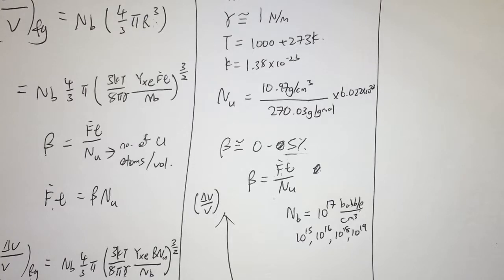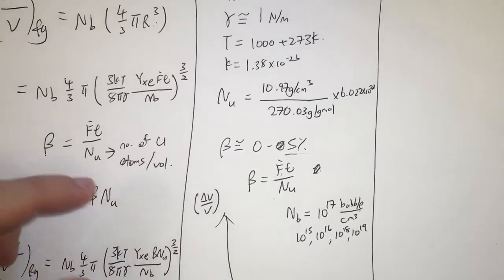So we plot all this in Excel and plot a graph. And of course, if you actually want to plot it, you have to remember the unit conversions from cm cube to meter cube and all that kind of stuff. So it will look something like this.